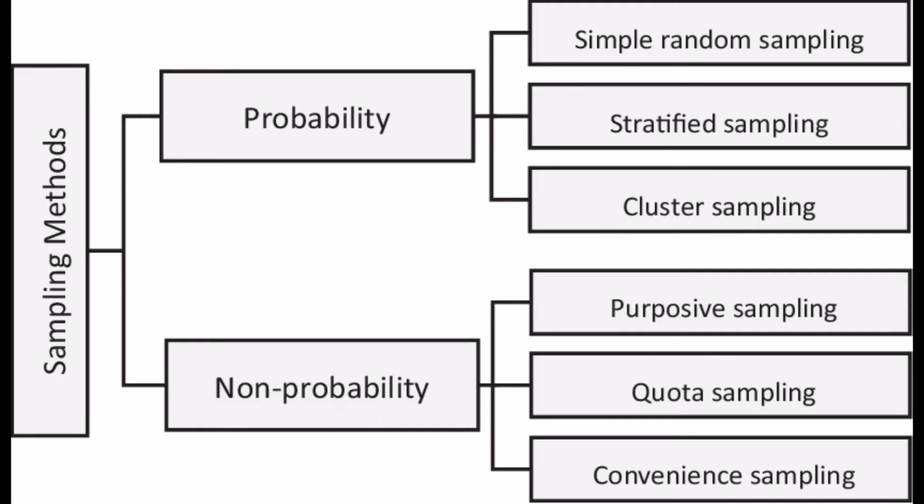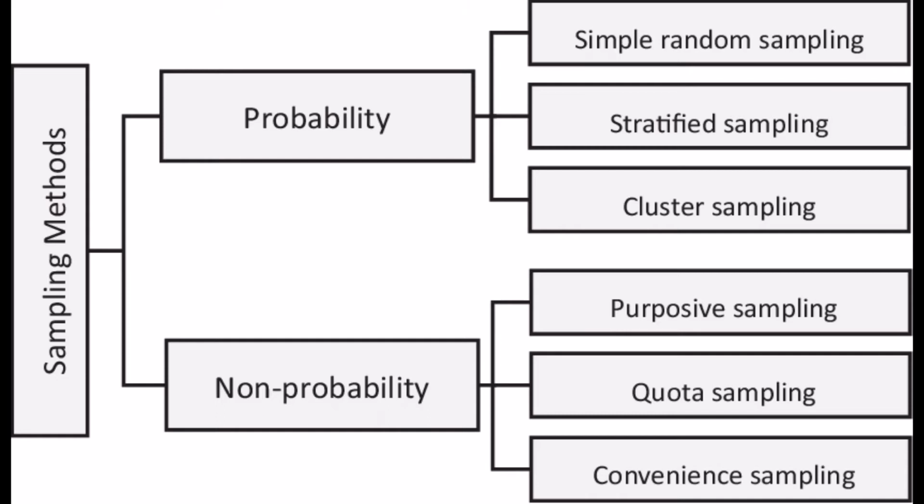As you can see from the image displayed, we can further identify three types of sampling techniques that are probabilistic, and of course three types that are non-probabilistic. But the big question is, why do we refer to some as probability sampling and others as non-probability sampling? It is because of the method, the procedure adopted or used in selecting the samples.